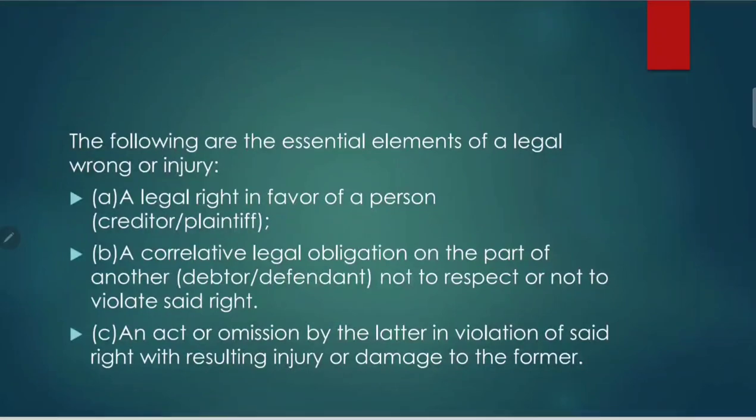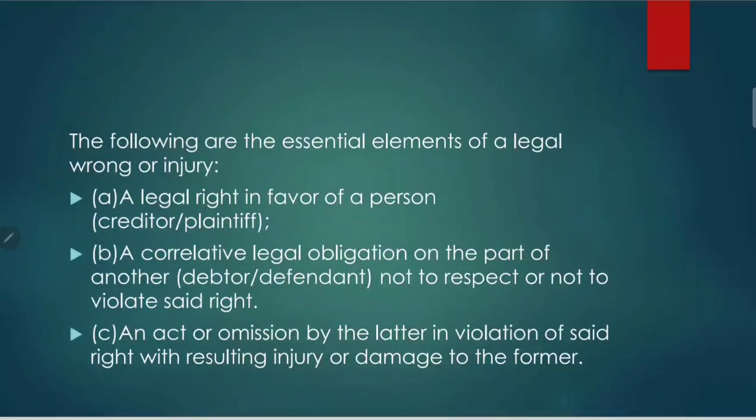And then, second element, a correlative legal obligation on the part of another not to respect or not to violate said right. So, halimbawa si B, meron naman siyang legal obligation para i-respect or wag i-violate yung right ni A.